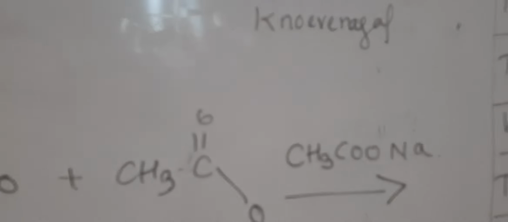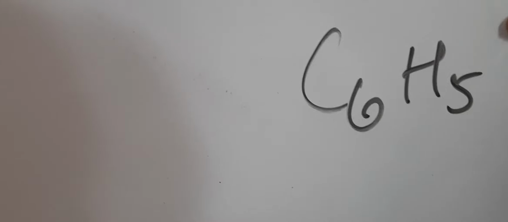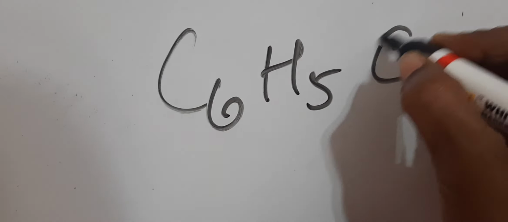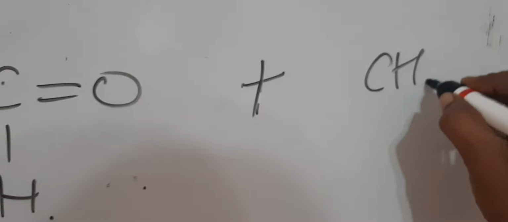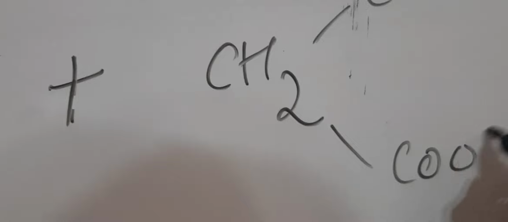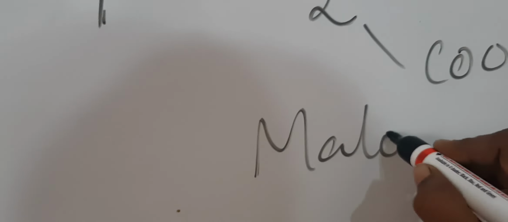Next we will see the Knoevenagel reaction. It's a reaction between benzaldehyde, with C=O this side, and malonic acid. Malonic acid is a dicarboxylic acid, CH2 with COOH and COOH.